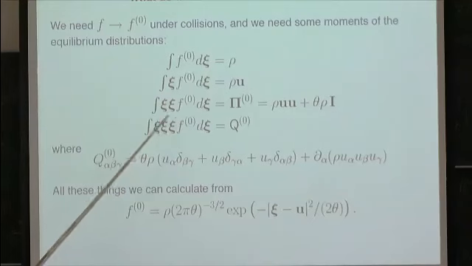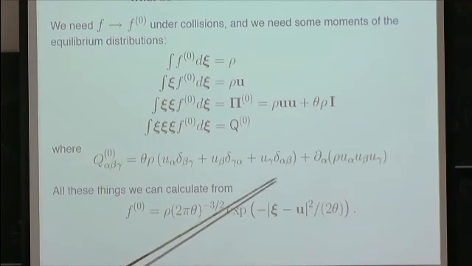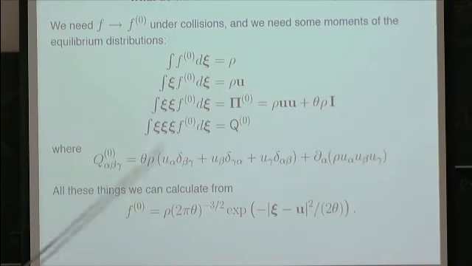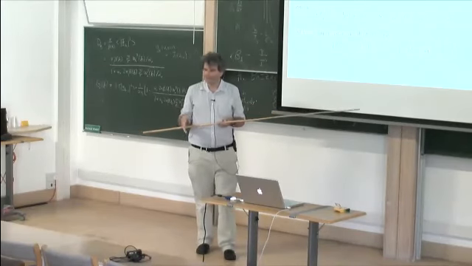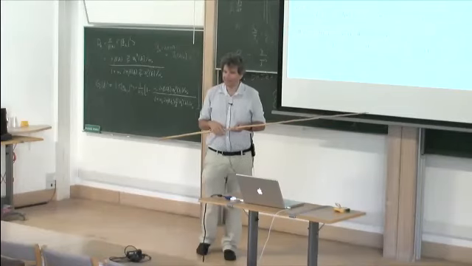And I need the third moment to be this expression. And all these things I can work out because I know what the real Maxwell-Boltzmann distribution is, and I can just do integrals to work out these moments. So if I can reproduce these moments and write moment equations from discrete kinetic theory, I get Navier-Stokes just as well as I get it out of real kinetic theory.